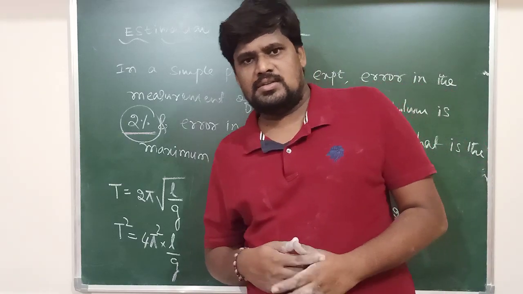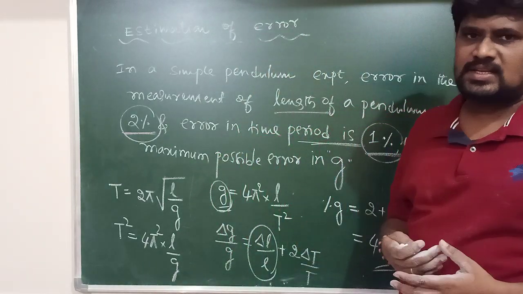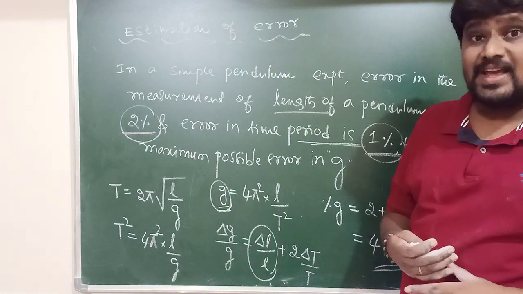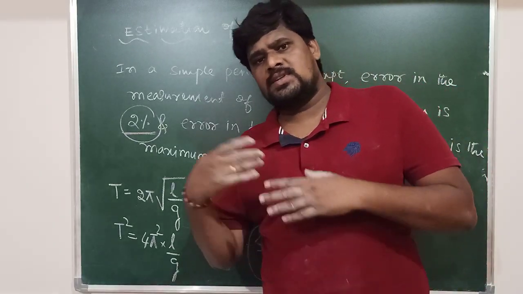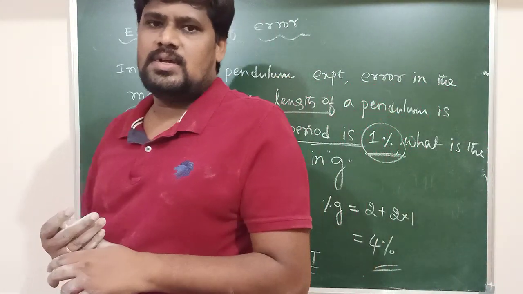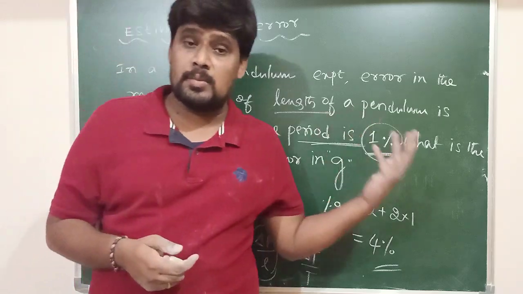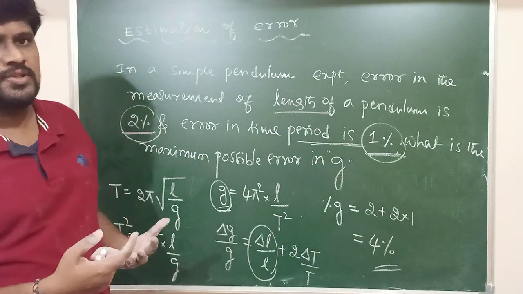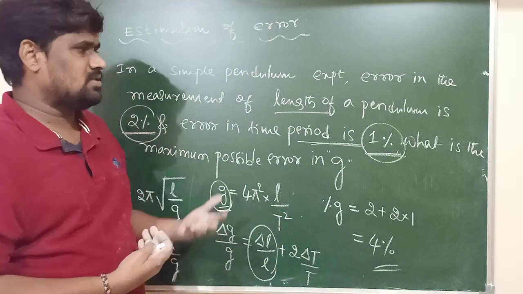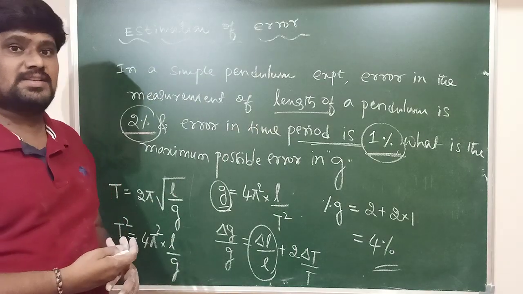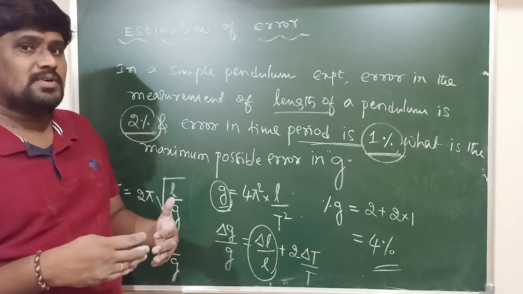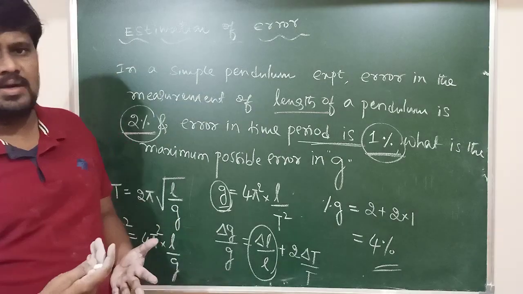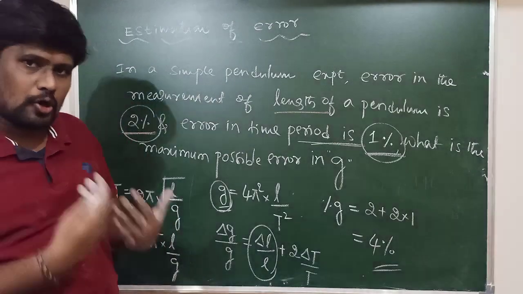Gravitation. Some questions you can solve in the lesson called what? Work, energy and power. Even some questions we can solve in the lesson called what? Thermal properties. Even you can solve some questions in the lesson, what? Current electricity. So we have some questions in other lessons or other topics.